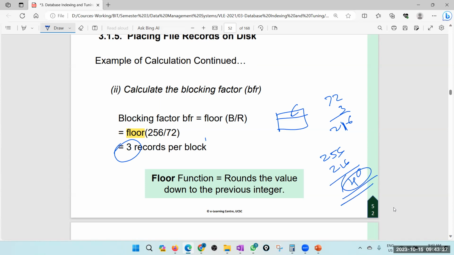Each block 40 byte of storage is wasted. But we can't help because we go for unspanned. So unless they mention, you can always assume it is unspanned fixed width. Okay.